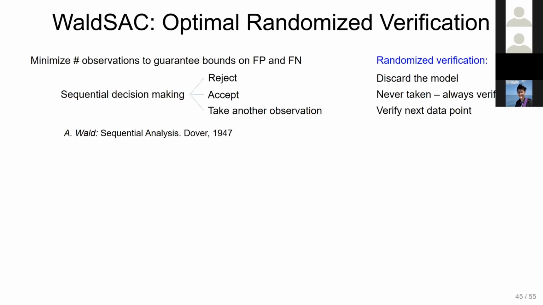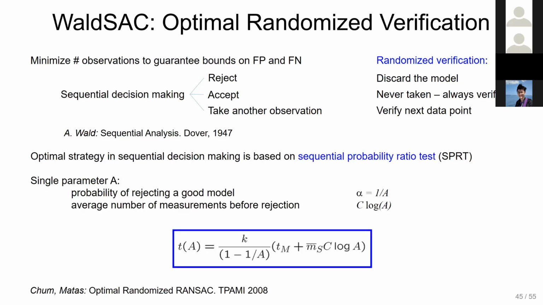And Wald in his book provides a method to do this optimally, which is based on the sequential probability ratio test, and also provides the guarantees.